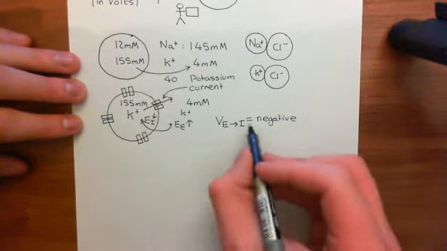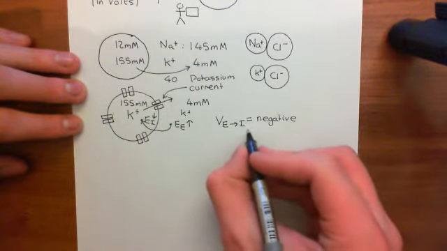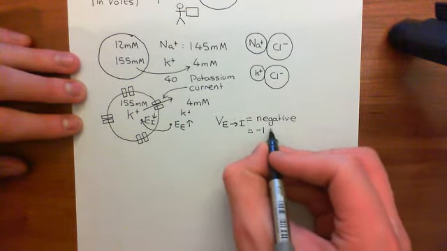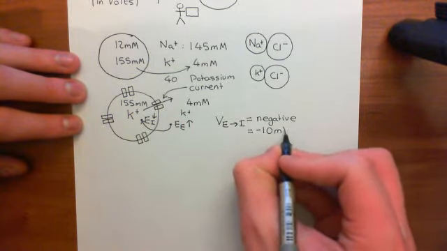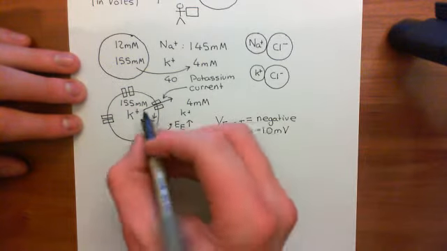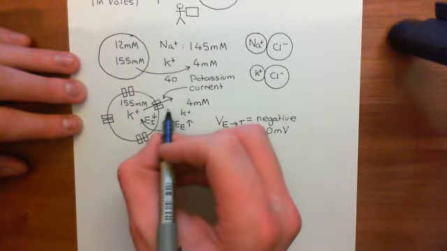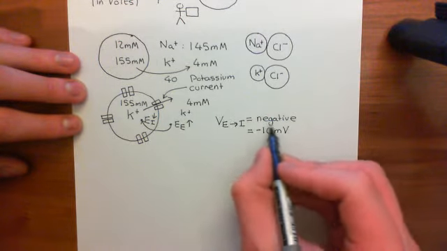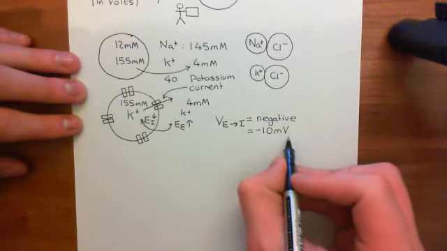Because we've just said that now this change is negative, so just to give you a concrete number to be thinking of, let's say it's gone down now to negative 10 millivolts, okay? So we've moved a certain number of potassium ions out now, and we've reduced the electrical potential difference across the cell membrane to negative 10 millivolts.